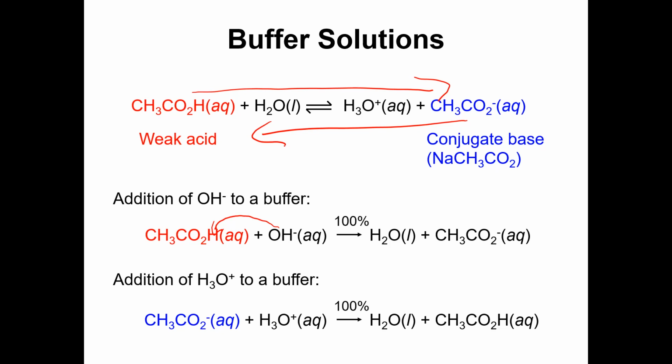Now this only works up to a point. If you add too much of your acid or your base, or if you add too strong of an acid or base, then you can start to change the pH a little bit. But as long as you're not adding something that is past the capacity of the buffer, it will reduce the effects and it will resist any drastic changes in pH.